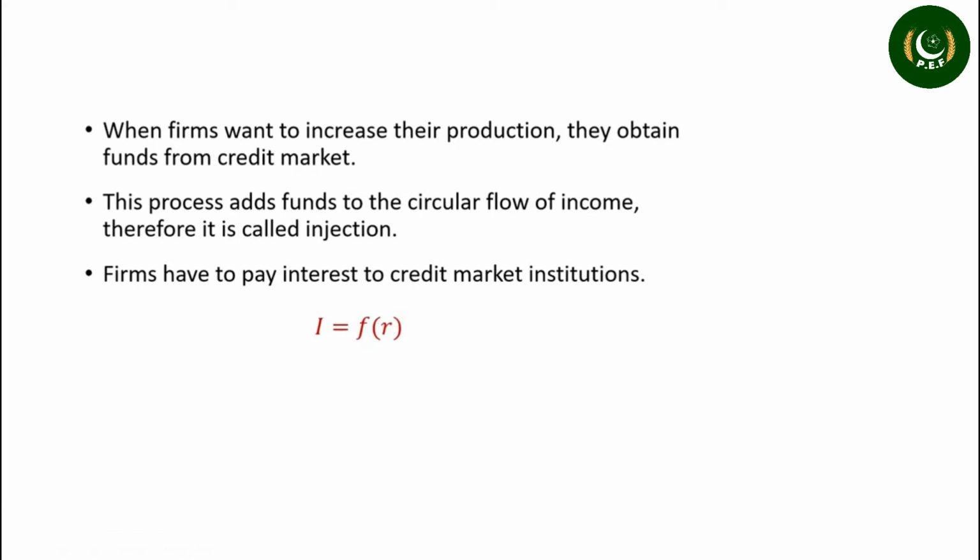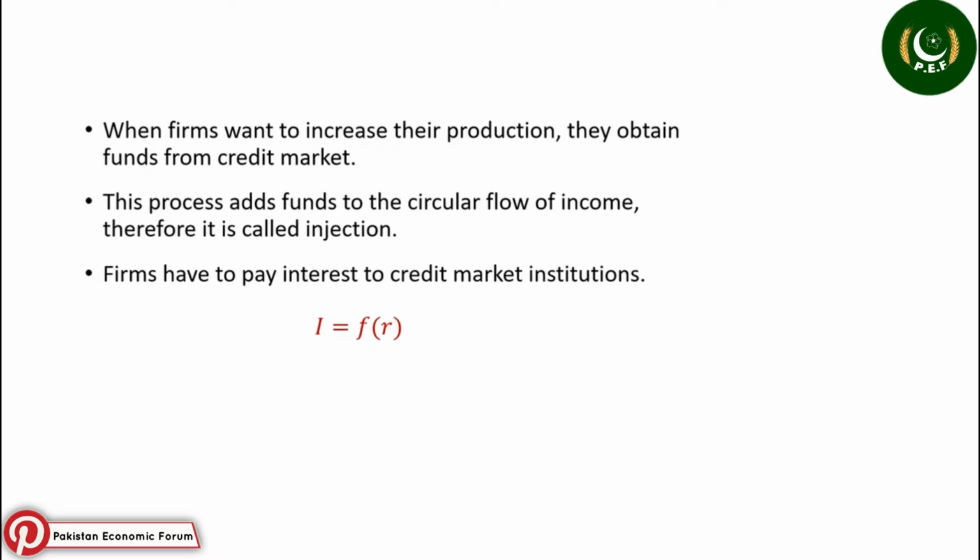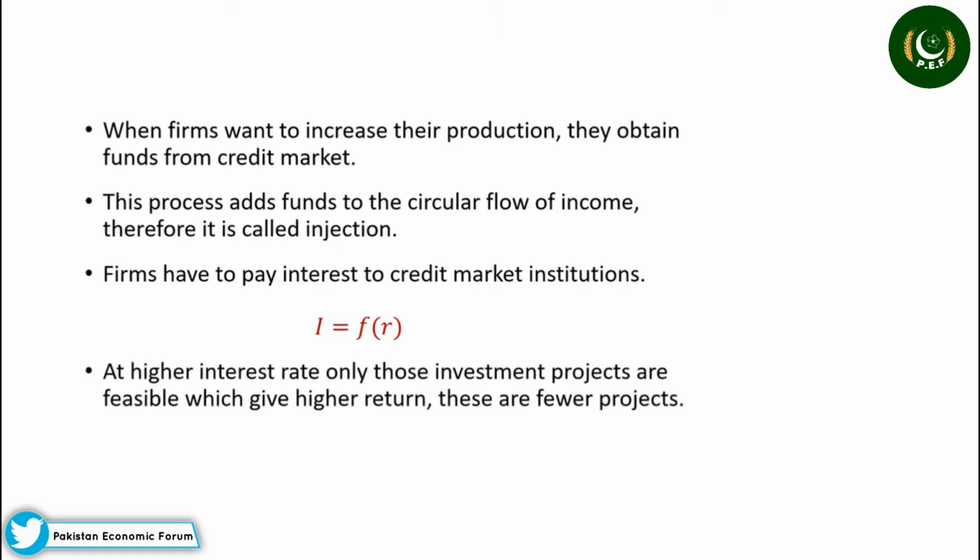At higher interest rates, only those investment projects are feasible which have higher return. Since these are fewer projects, the total investment decreases. Therefore, there is negative relation between interest rate and investment, and this is shown in the diagram.